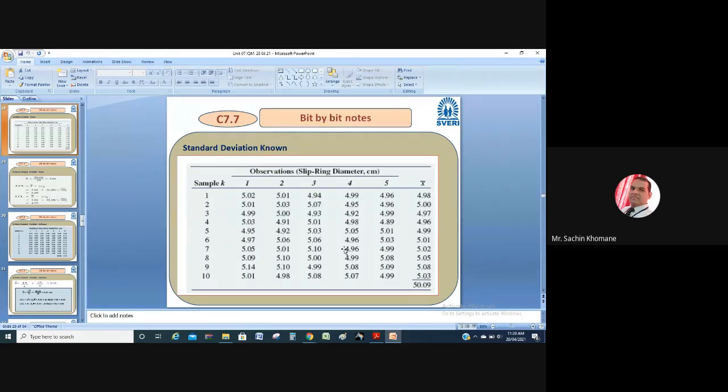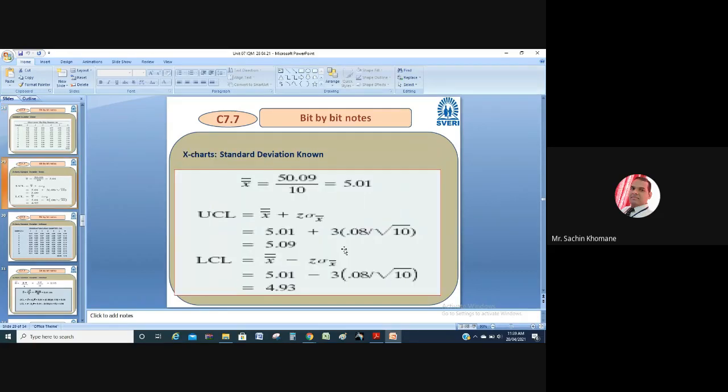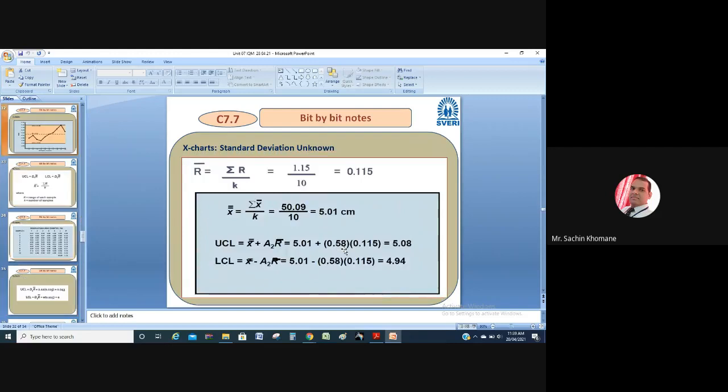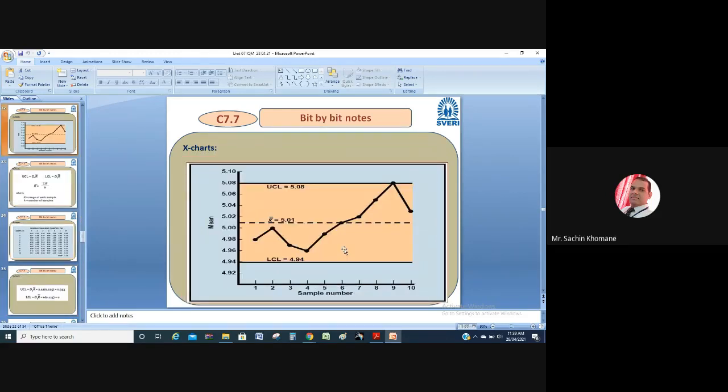We have done it for the slip ring diameter. Now tell me the conclusion. You have drawn the control chart of the slip ring diameter, right? What is your opinion by looking at this graph? Who will tell me?